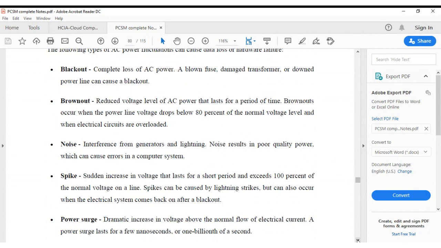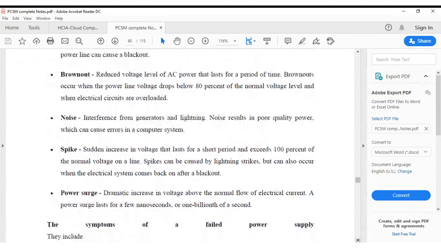Brownouts occur when the power line voltage drops below 80% of the normal voltage level and when electrical circuits are overloaded.